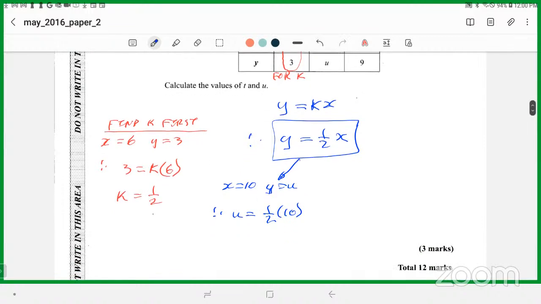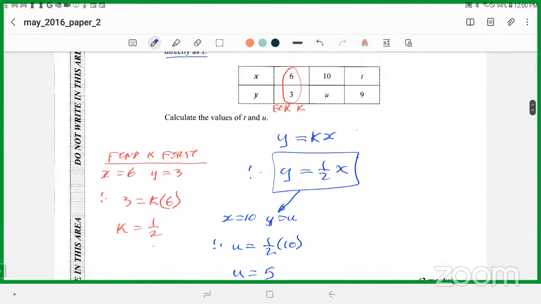And so half of 10 is 5. Done. All right. Half of 10 is 5. And you can literally look at this and know what the answer is, you know, because these values up here are twice the values down here. So this answer must be 18 by looking at it, right? But let's just work it out still.